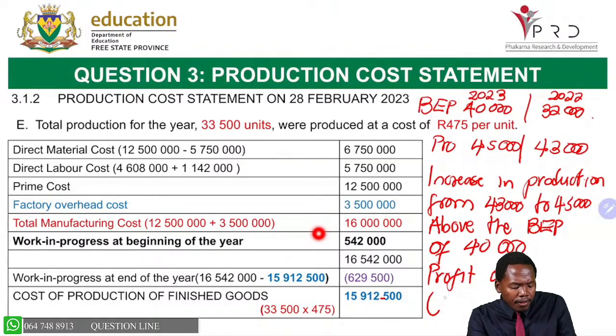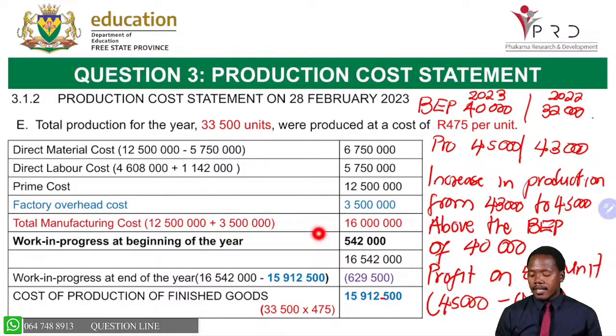We say 45,000, which is the unit produced, minus 40,000, which is the break-even point. So it's profit on 5,000 units. So if the selling price is 20 rands, it will be 5,000 times 20 rands. So it will be 100,000. So the business may realize a profit on 5,000 units. So that is how we comment on our break-even point.